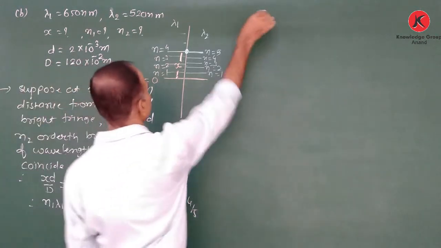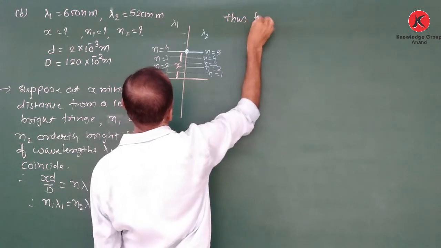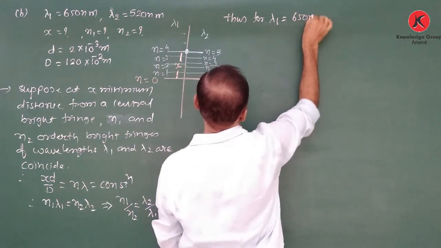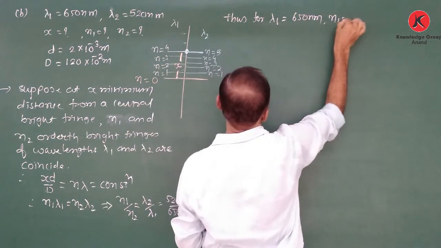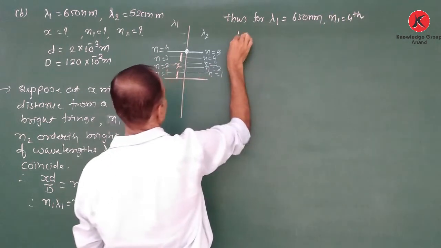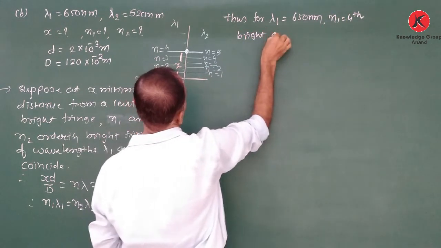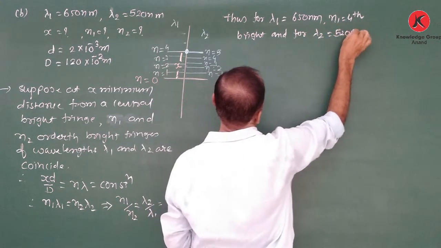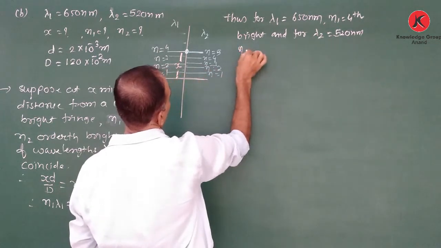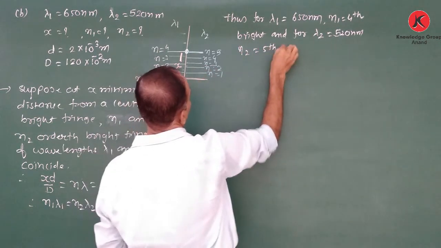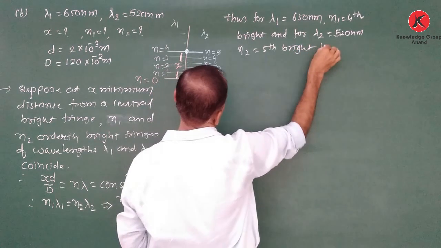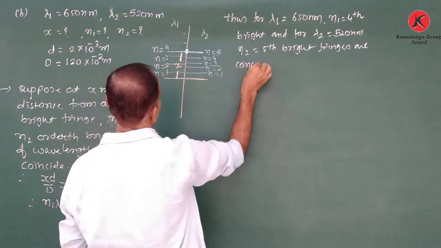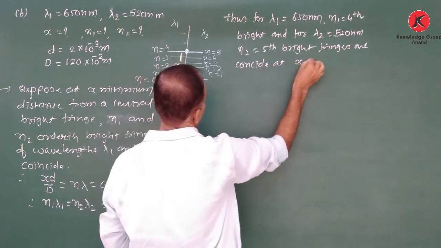Thus, for lambda 1 equal to 650 nanometer, n1 is equal to 4, and for lambda 2 equal to 520 nanometer, n2 is equal to 5, the bright fringes coincide at x distance.